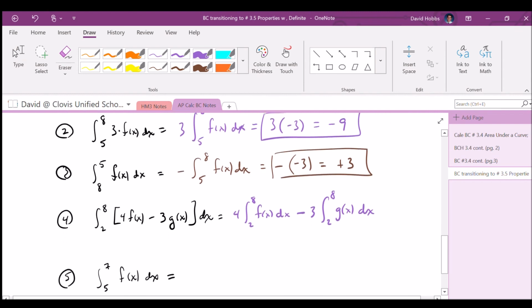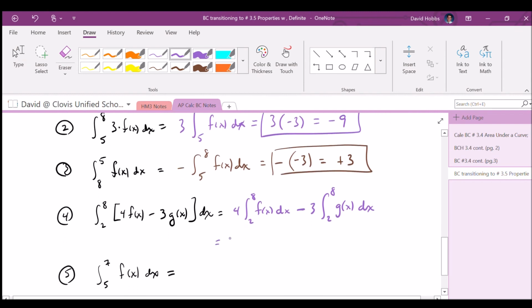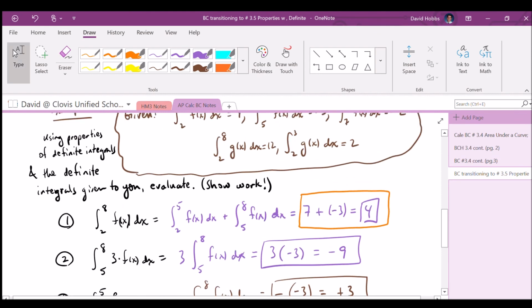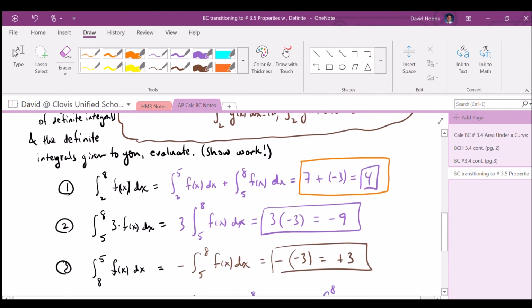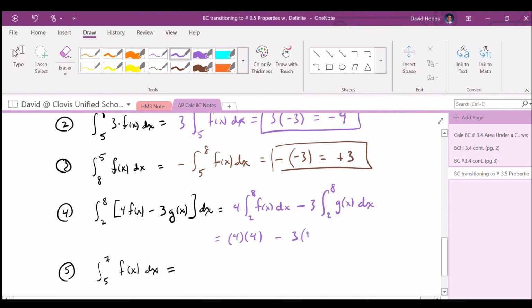So 4 times 4 minus 3 times, okay, 2 to 8 of g of x, well, that was just given to us. 2 to 8 of g of x is 12. So 3 times 12, so I've got 16 minus 36, which is -20.